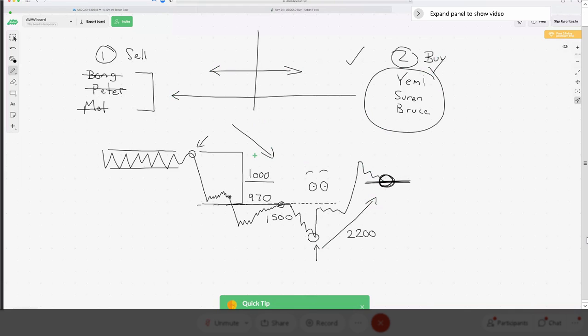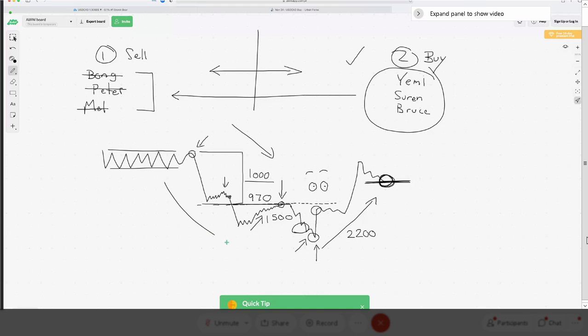Do you notice Peter dropped off at this stage? Mel dropped off at this stage. And then Bong, holding on, panicked out at this stage. But was it this design that made them get out? Or was it they were okay here, they were concerned here, and this just put the nail in the coffin, saying, I don't like that anymore?